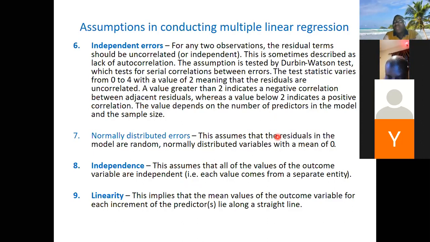This assumption is tested by the Durbin-Watson test, which tests for serial correlation between errors. The test statistic varies from 0 to 4, and just leave this one. But this issue is very important in econometrics, because people in the business sector have data with this characteristic, where there's autocorrelation and the residuals correlate with one another.